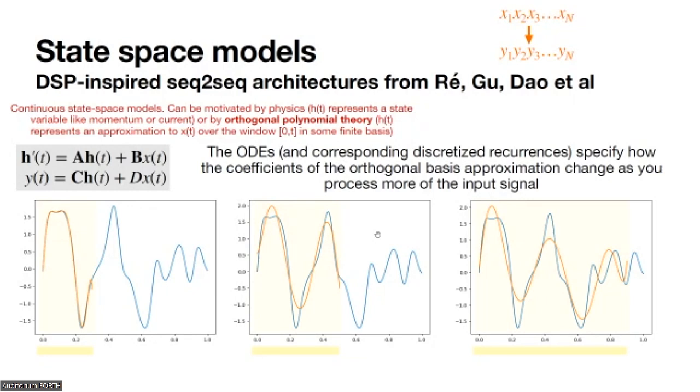And the idea is that if you want to do some processing of this window, then you can compress all the information about the fit of the signal in that window onto this vector of coefficients. As you sweep through your input signal, these linear ODEs describe how those coefficients change. The HiPPO papers from Chris Ré's group describe this quite elegantly, but this is basically the idea. This perhaps is closer to what's really going on and why these methods are useful.